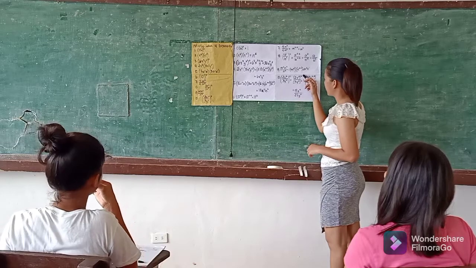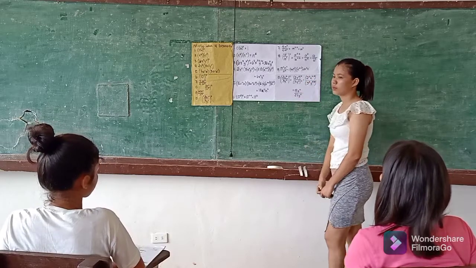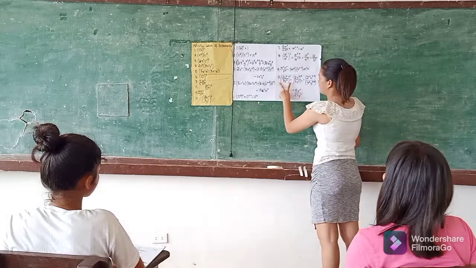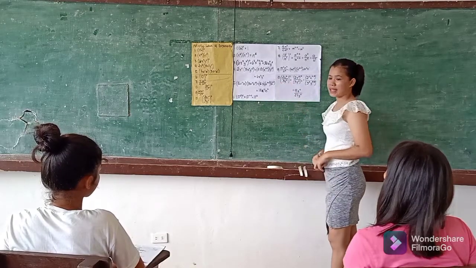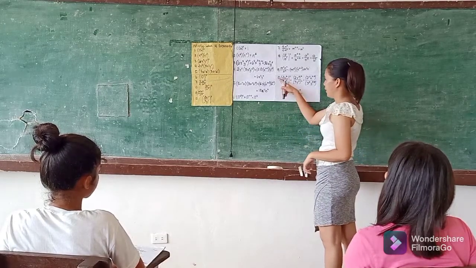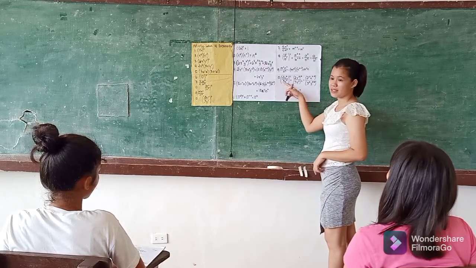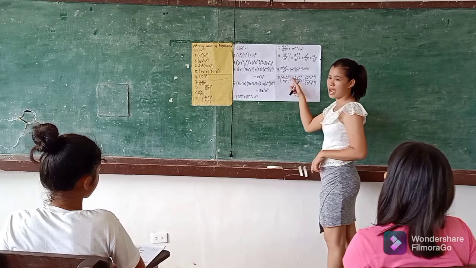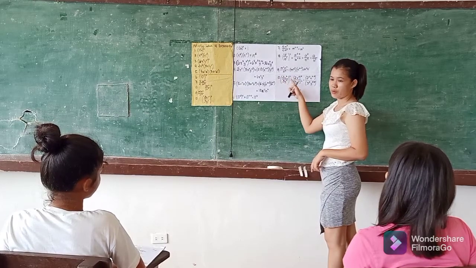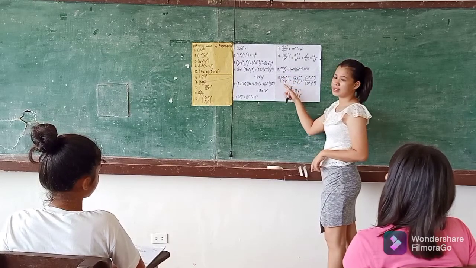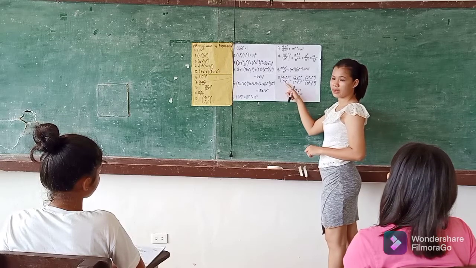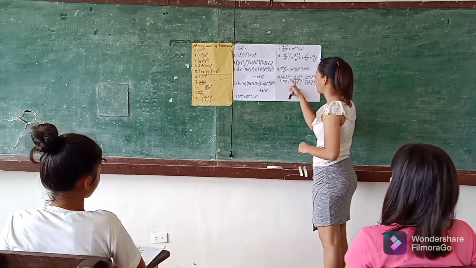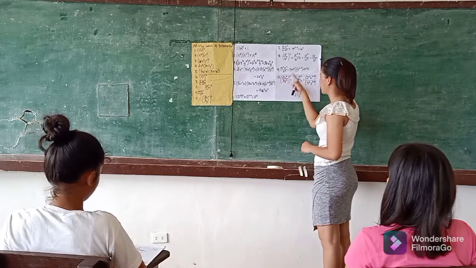The quantity of 2x cubed all over 3y squared raised to 3 is equals to, i-distribute lang natin yung ating exponent sa loob using the law for power of a quotient. Power of a quotient. So, i-distribute natin yung ating exponent sa loob ng ating quantity.